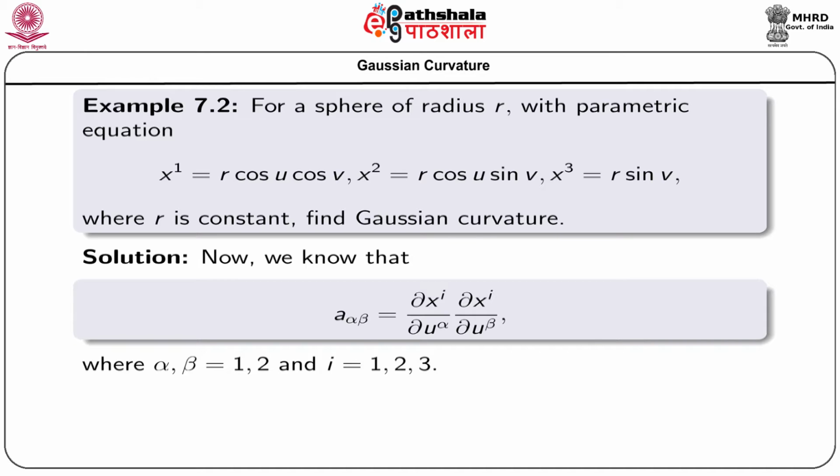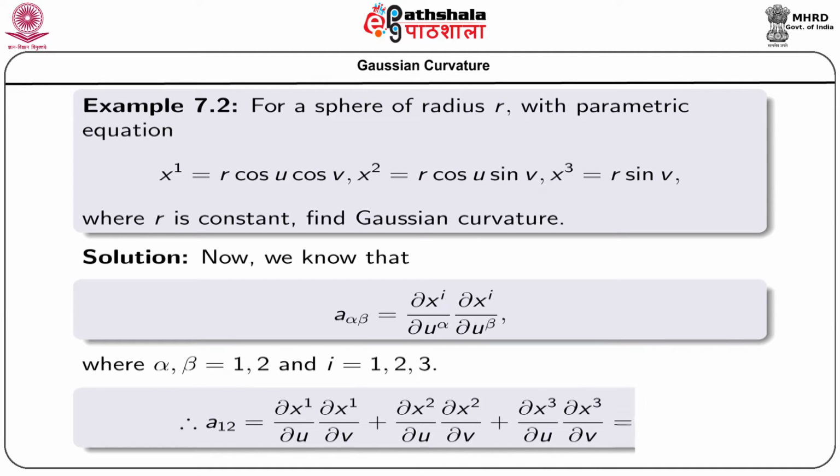It is the product of two partial derivatives. So, calculating A12, we get that it is coming to 0. As A12 is equal to 0, that means the curvilinear coordinate system is orthogonal. So, we can apply the previous formula to obtain the Gaussian curvature.